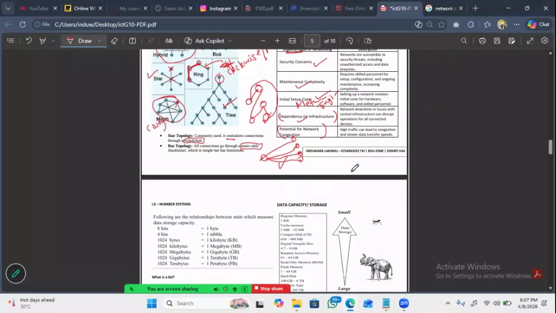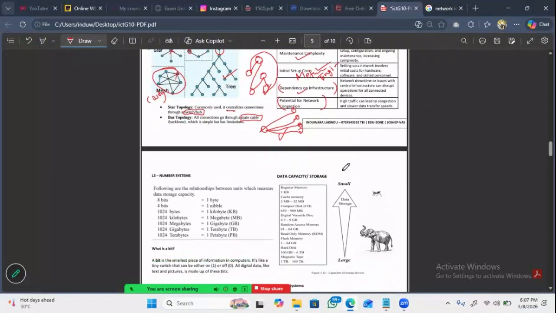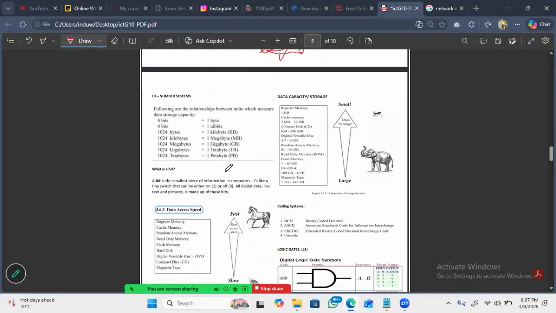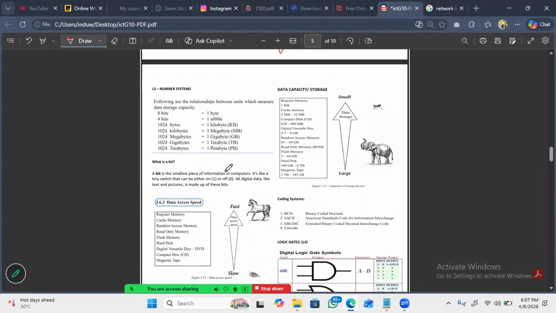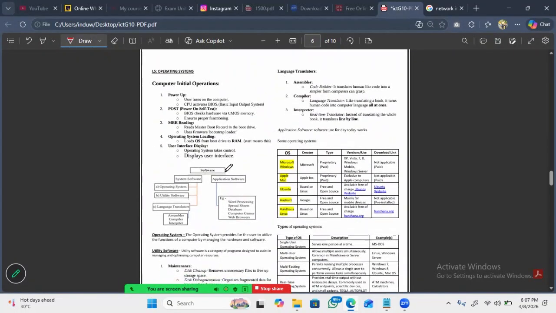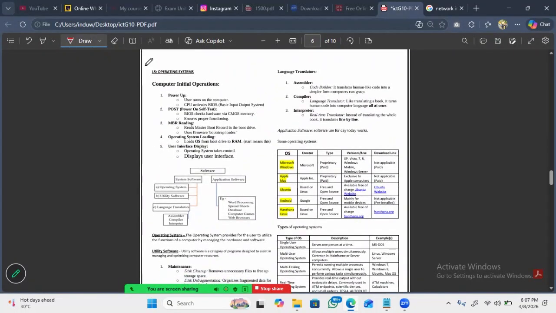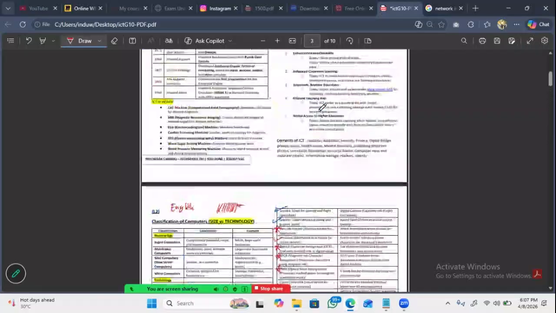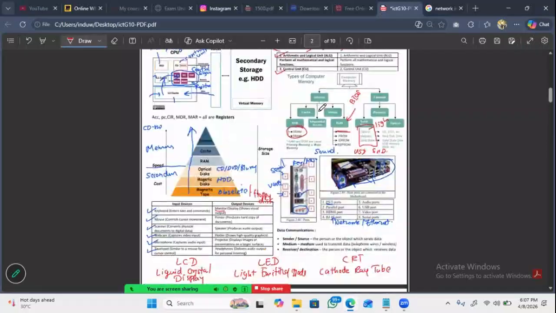So from the next session, we will be meeting from the number systems. I have already made a video on number systems. So hope we don't need to do number systems, let's see. We will start operating systems next. So with this video, this lesson is completed.